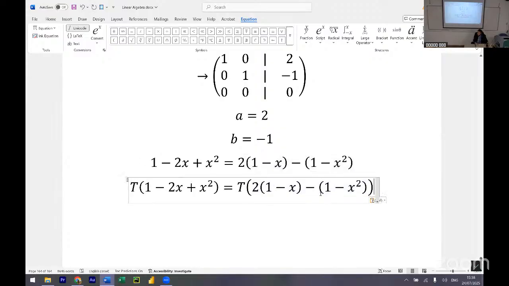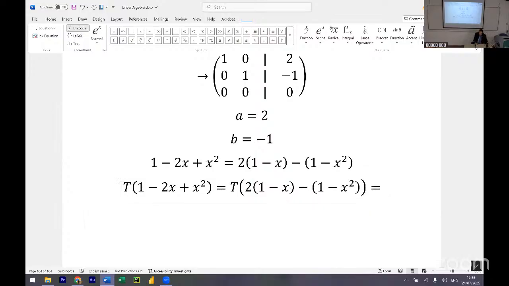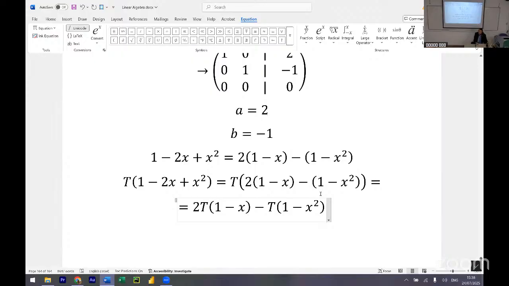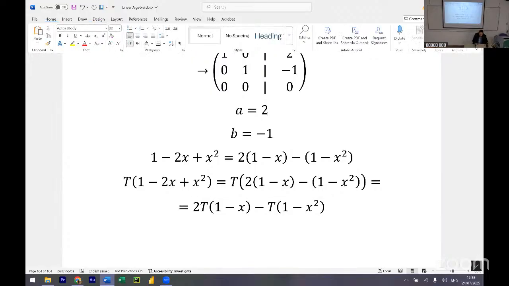But we know that T of the sum is the sum of the T's, like the distribution law, and the scalars come out of the linear transformation. So we get here 2 times T of 1 minus x minus T of 1 minus x squared. That's exactly what I've written above. And now we can make sure whether it's true.